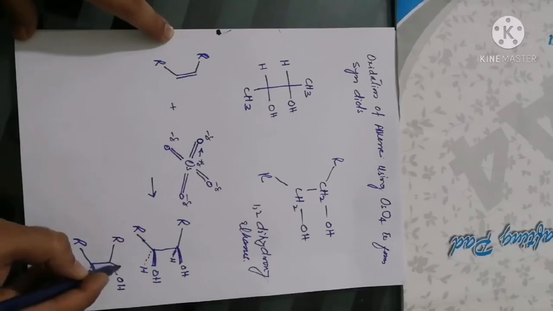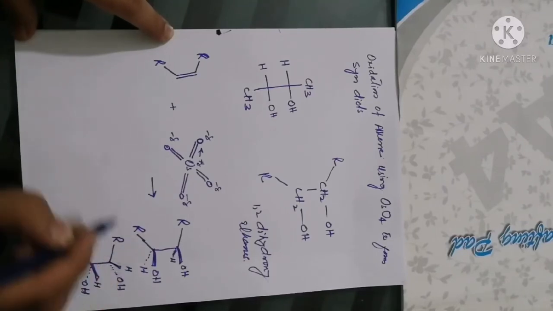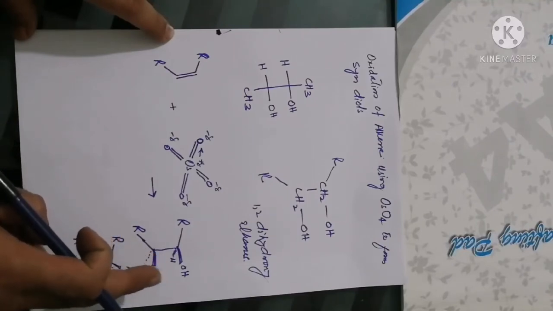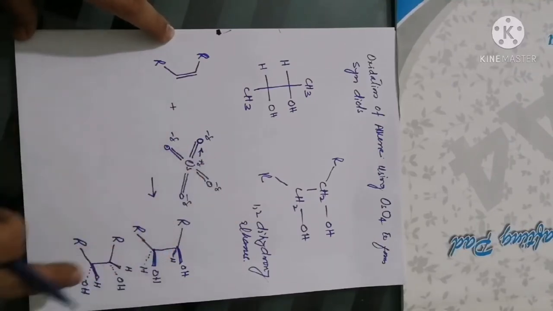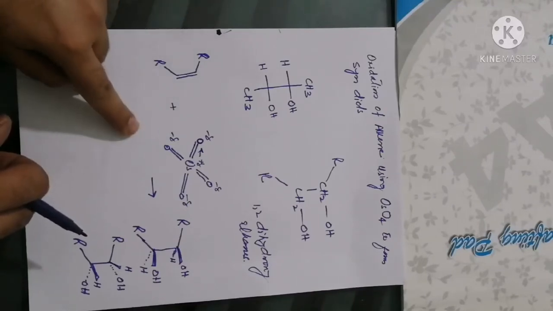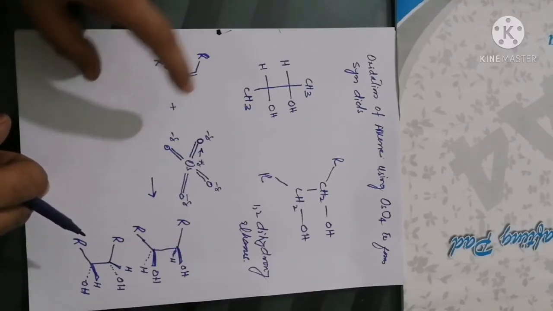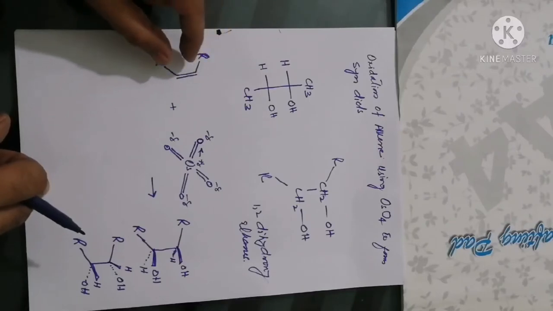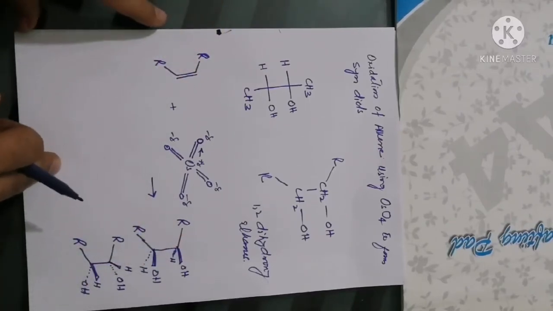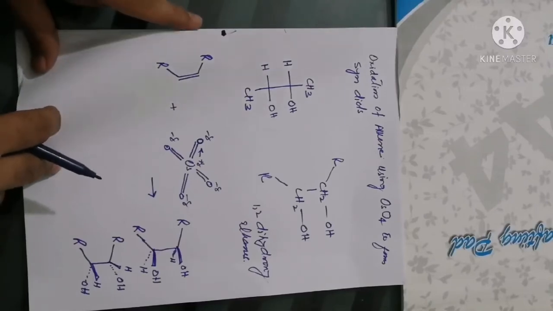It will be clear from the mechanism why I have drawn the two hydroxyl groups on the front side or on the back side. So in this reaction, the thing to remember is that osmium tetroxide is used to convert the olefinic double bond into diols. Let's look into the mechanism of this reaction.